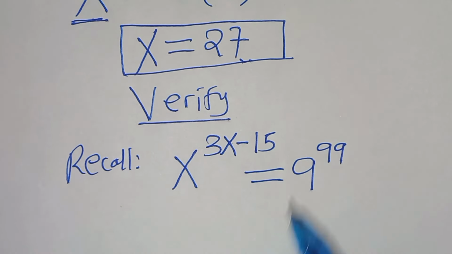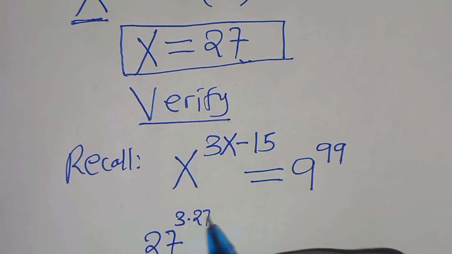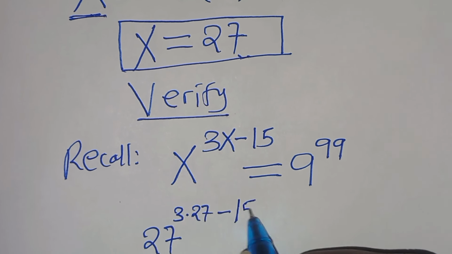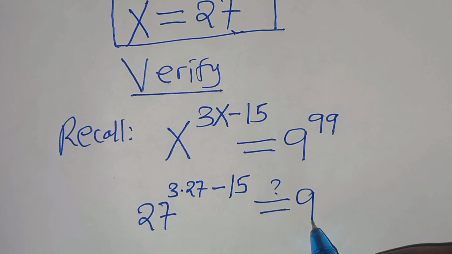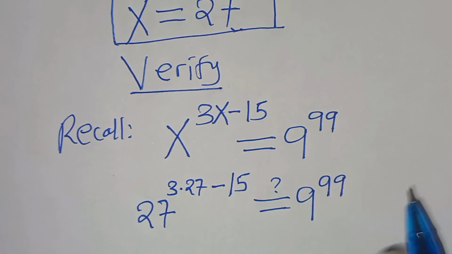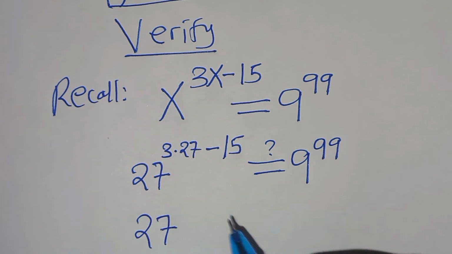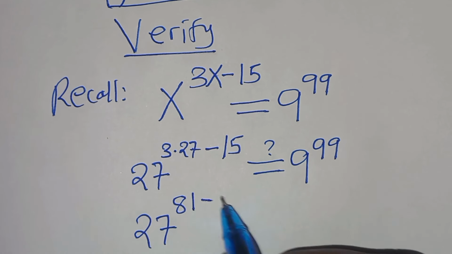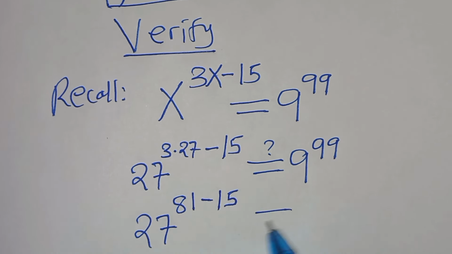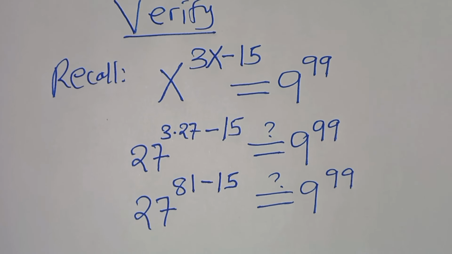Substituting the value of x here, then we have 27 raised to the power of 3 multiplied by 27, subtract 15. This should give us a value of 9 to the power of 99. So this is 27 raised to the power of 27 times 3. This is 81 minus 15.